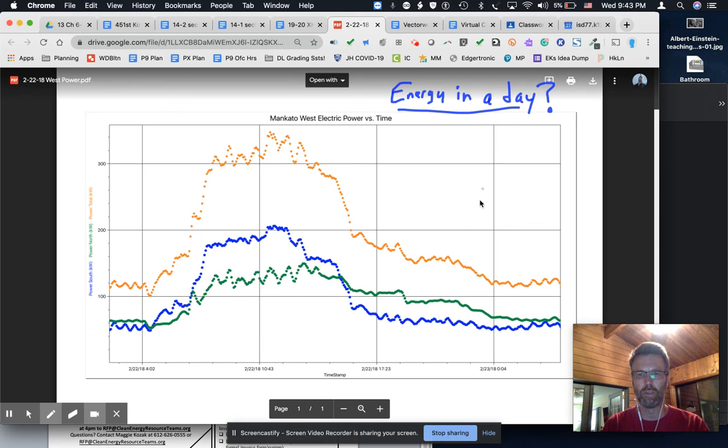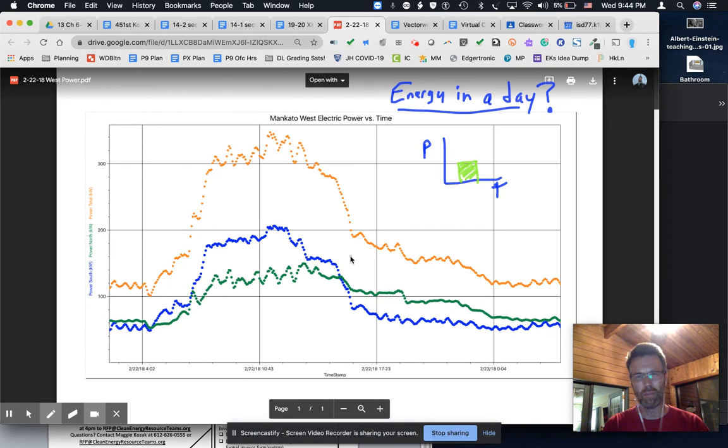Now, you're going to have to estimate a little bit because this graph squiggles around a little bit. But let's see. If you have power on this axis and time on this axis, and you need to multiply power times time, I feel like multiplying a height times a width, if it were a real boring graph, would give us something like a nice little area. Well, that's still what you need to do, but it's a funky shape, so you might need to chop it into little pieces.